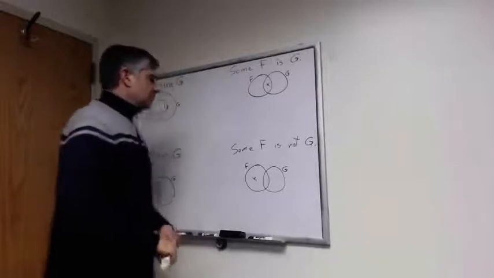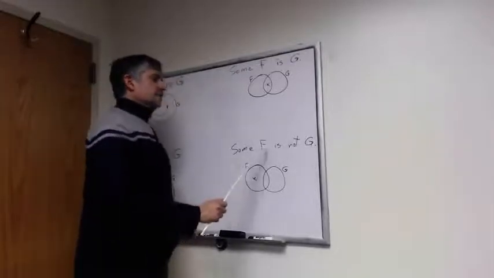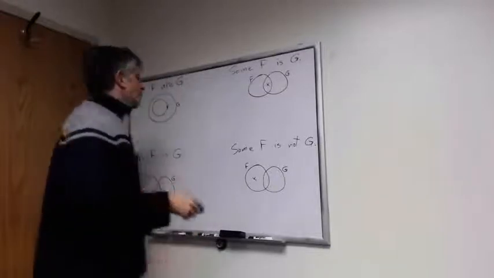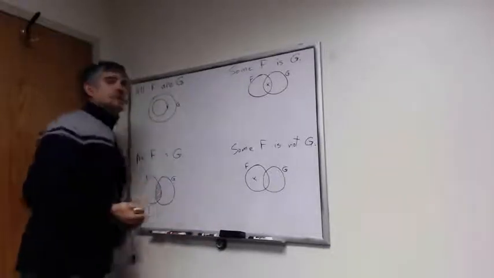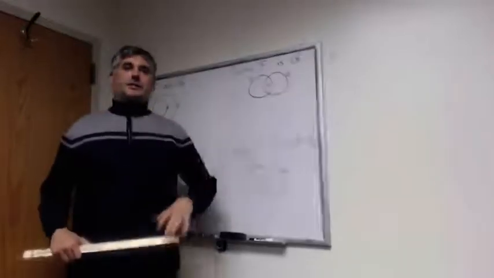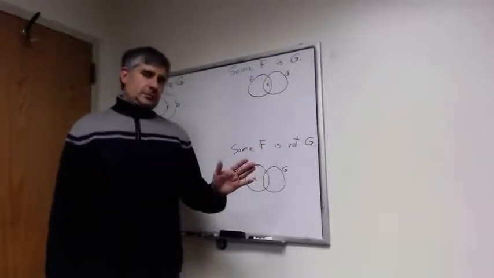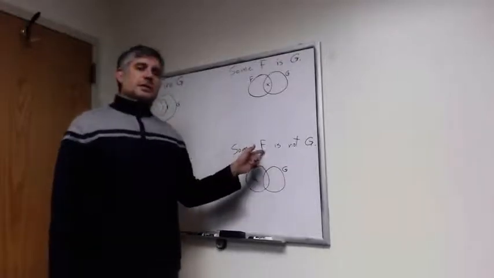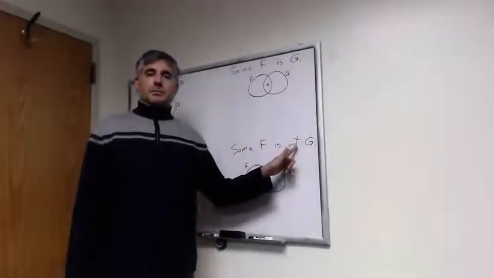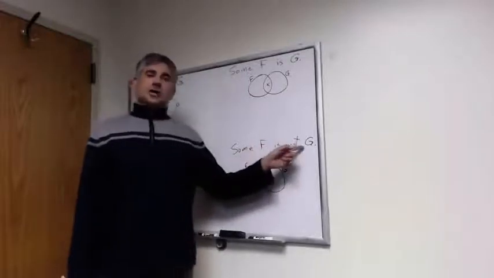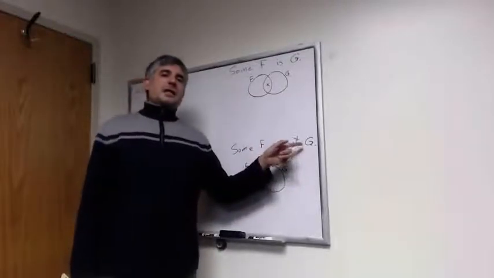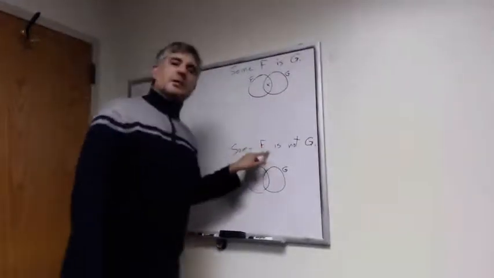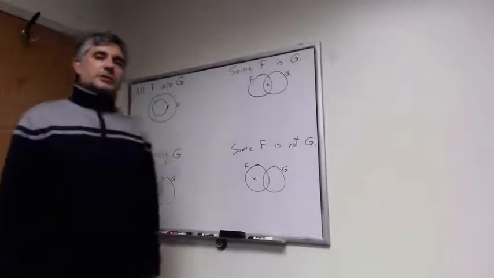But now notice, the claim some F is not G is also the negation of the claim all F are G. If all F are G, then it can't possibly be true that some F is not G. But if some F is not G, then it can't possibly be true that all F are G. So these two claims are negations.